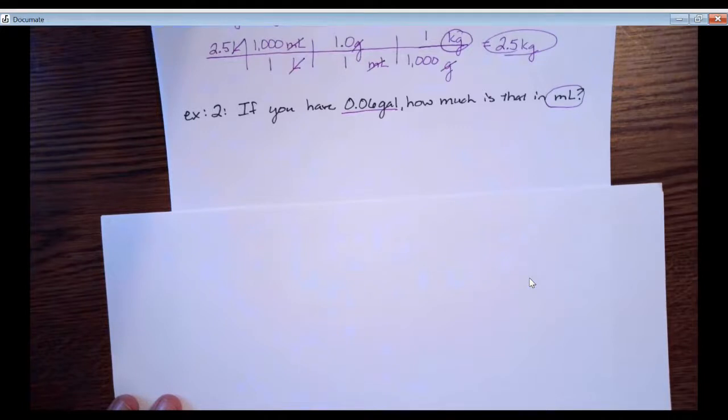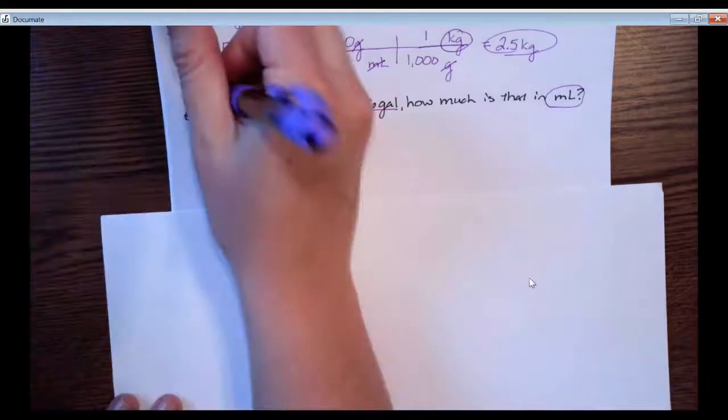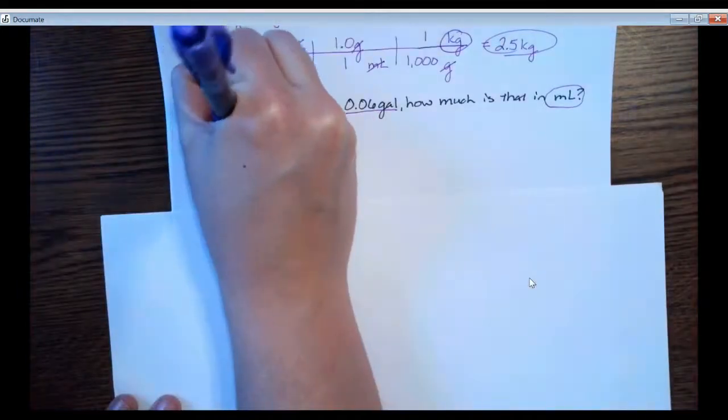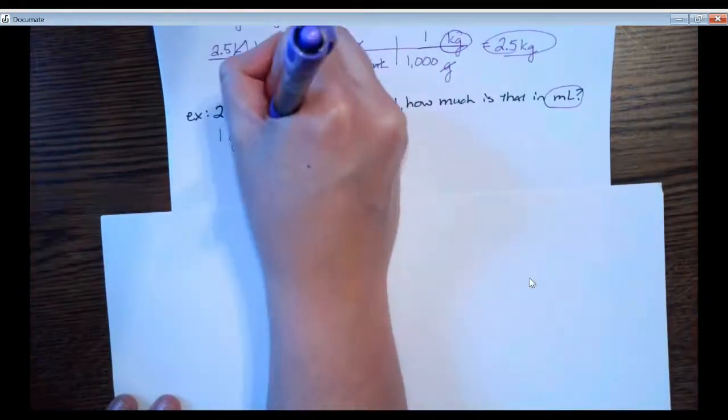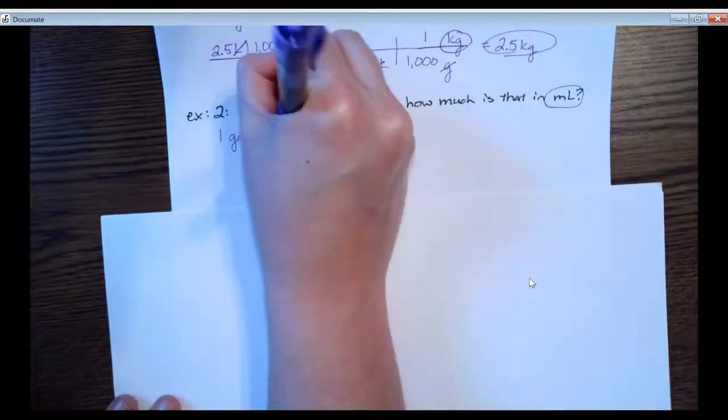Well, if I look at the values given in my notes, I don't have gallons that goes to liters. But I do have that 1 gallon is equal to 4 quarts. So that might be helpful.